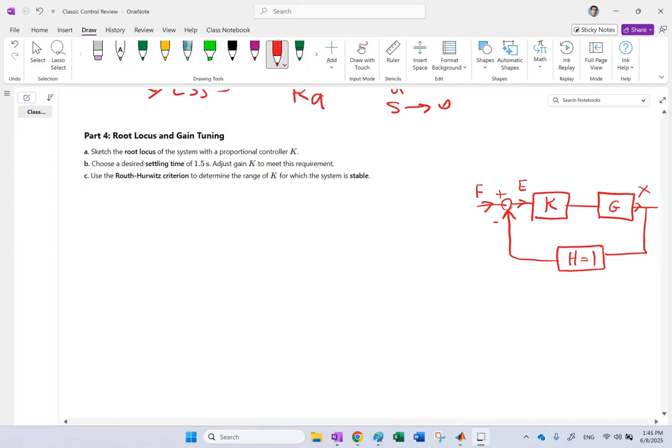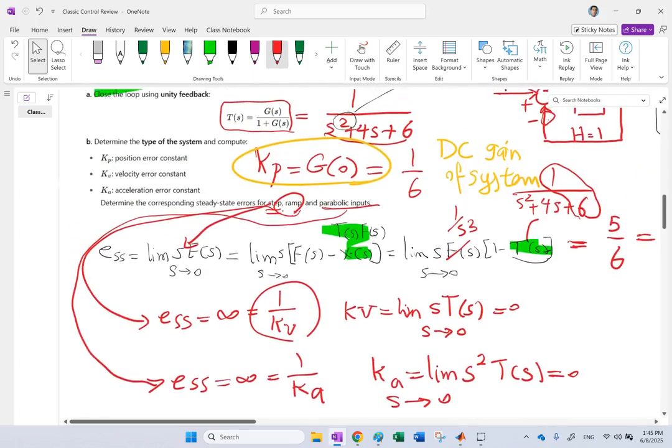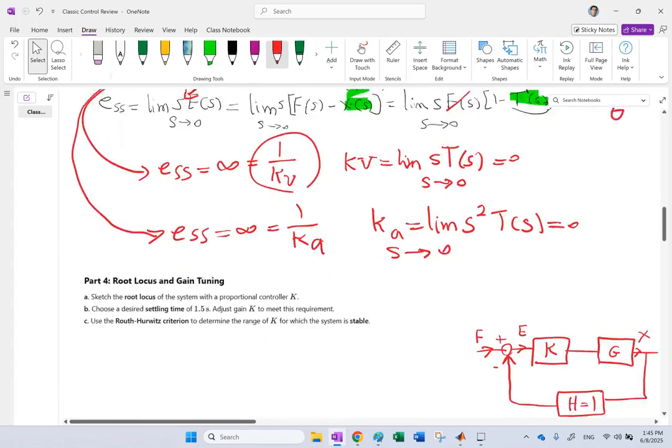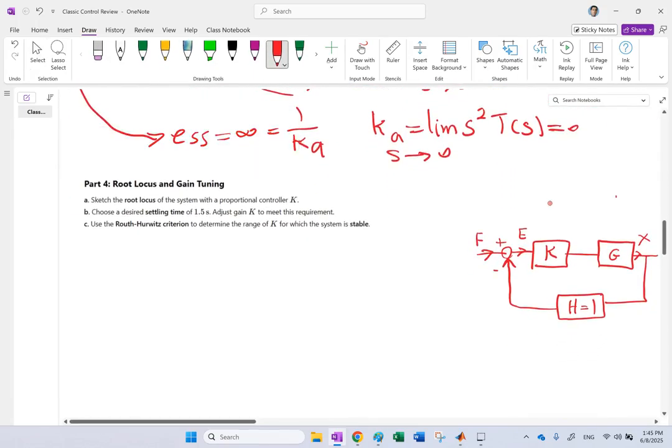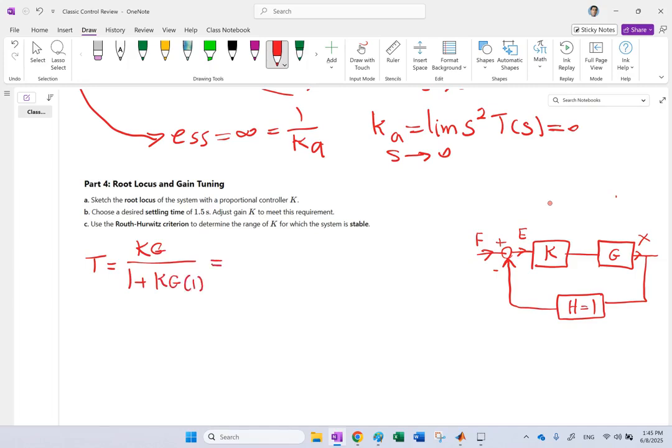So we want to look at the poles of the transfer function versus this gain, because if you look at your closed loop transfer function, if I call it T again, it is K times G, because that gain K and G are in series, over 1 plus K times G times 1, which is H. Remember G was 1/(s² plus 4s plus 5).